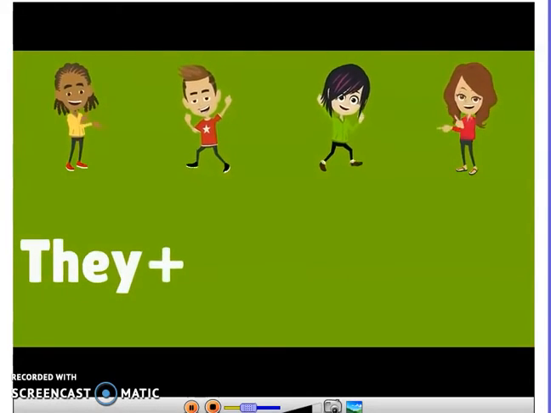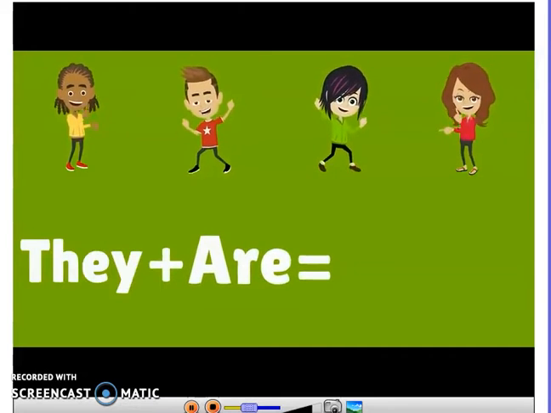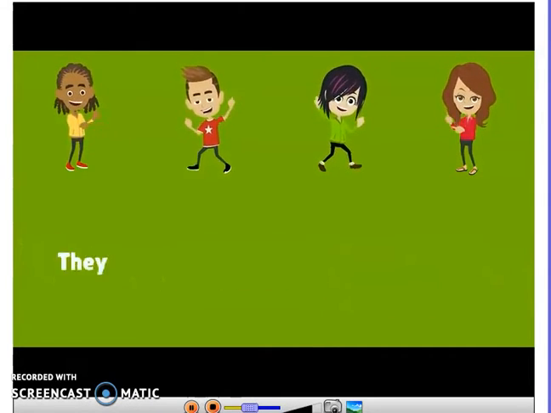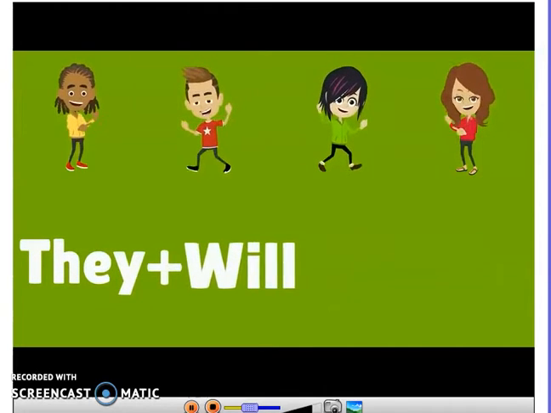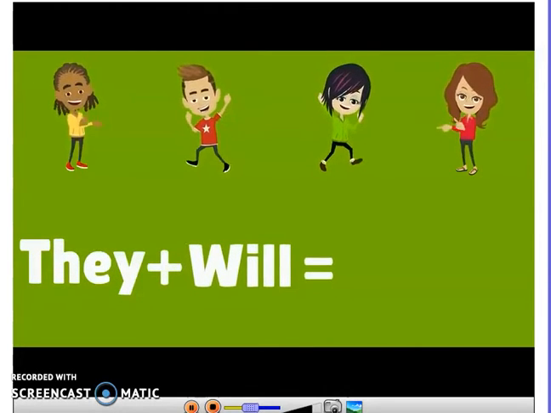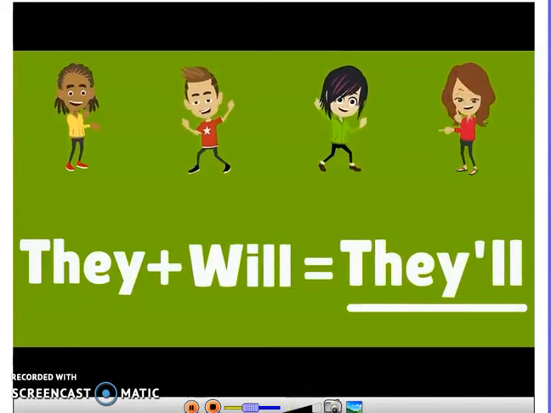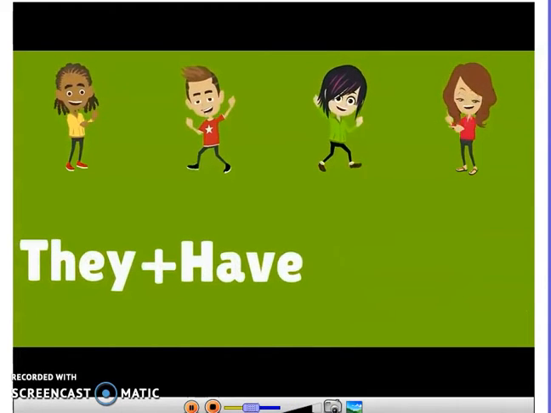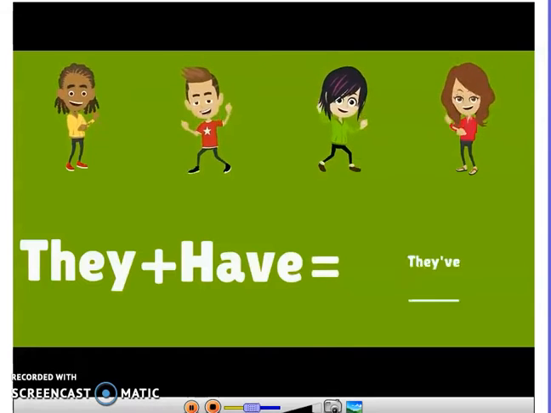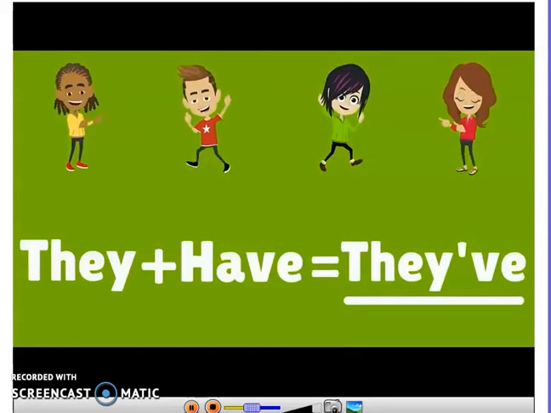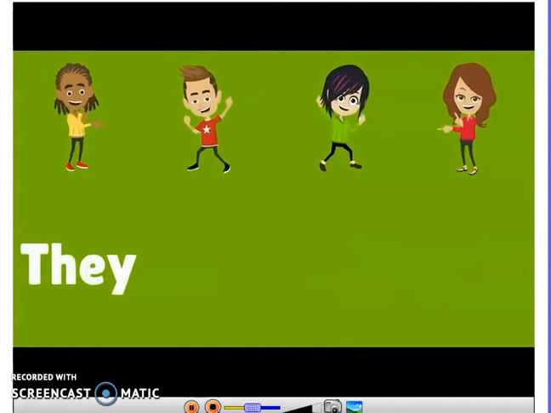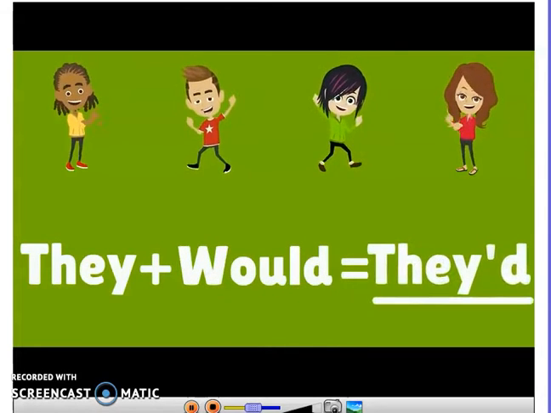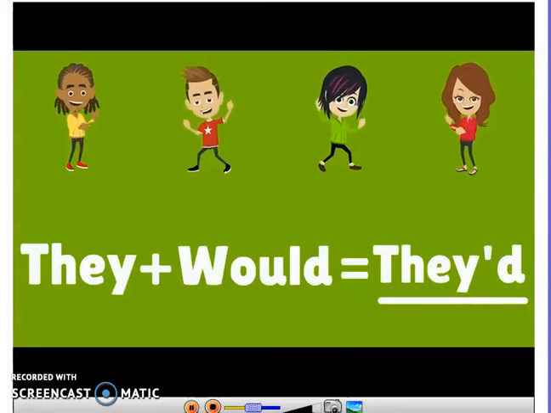They plus are equals they're. They plus will equals they'll. They plus have equals they've. They plus would equals they'd.